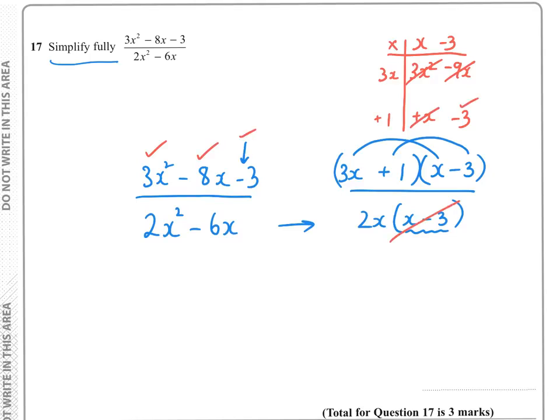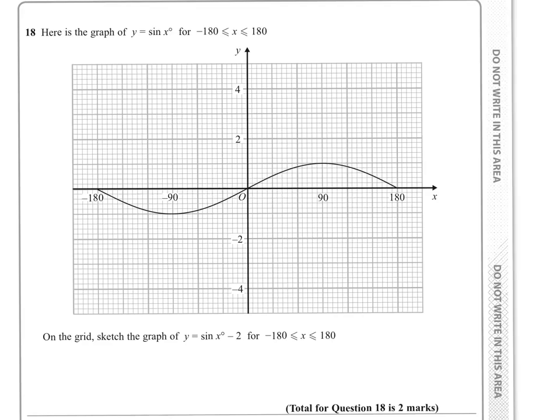So we can now cancel this one here with this one here under multiplication, because this is being timesed here. So x minus 3 divided by x minus 3 is just 1, and that's why we can cancel them. And we're just left with 3x plus 1 divided by 2x. And when I say 3x plus 1 divided by 2x, I mean 3x plus 1 all divided by 2x.